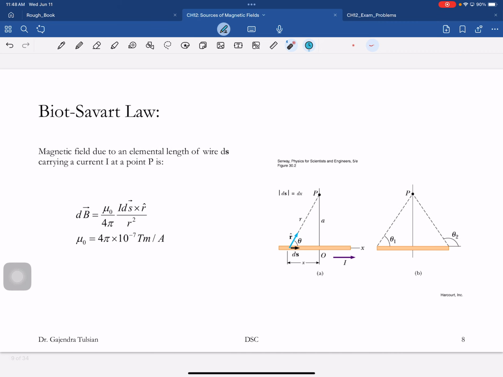All right, now that we know how to calculate the field for a charge, what do we do? We just get a bunch of charges moving. So here we go. Here's a wire with a current flowing in it. That's a bunch of charges. Let's find the field due to the charges flowing in this piece of the wire.